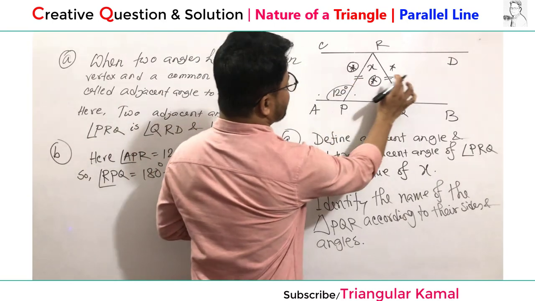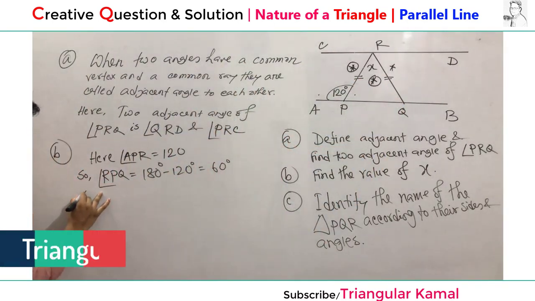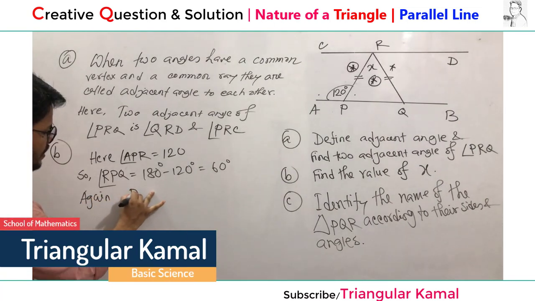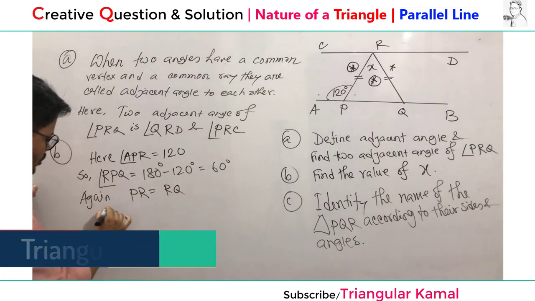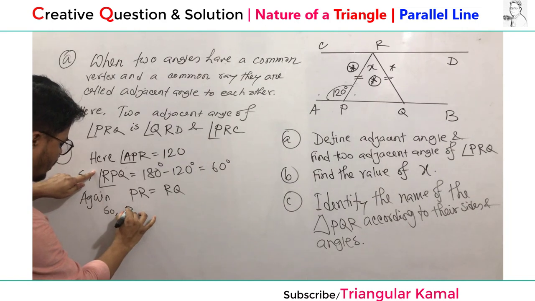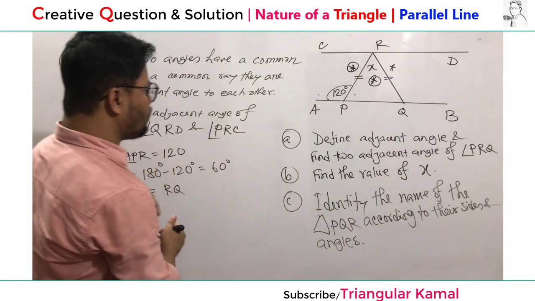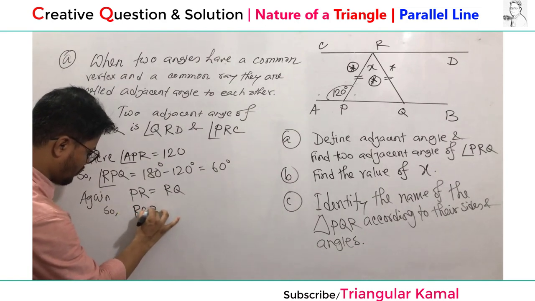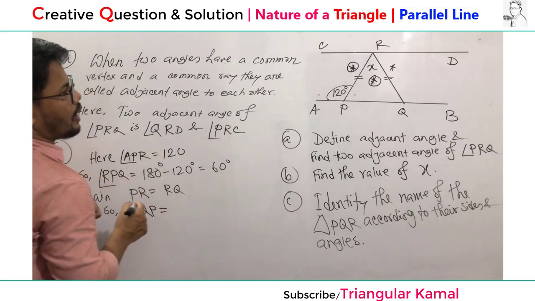If two sides are equal, their opposite angles must be equal. Again PR equals RQ. So we can write here RQP angle must be equal to RPQ.